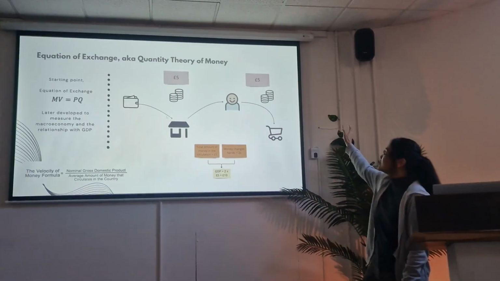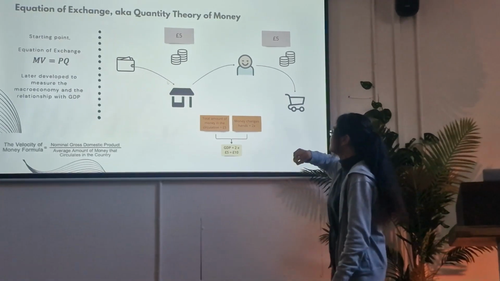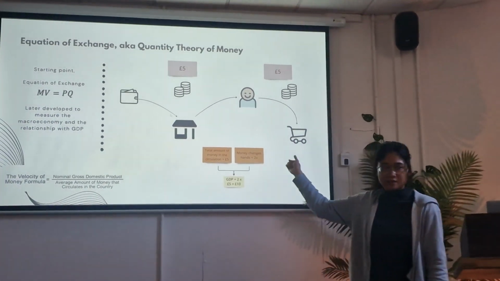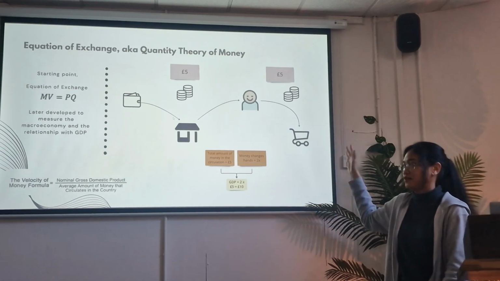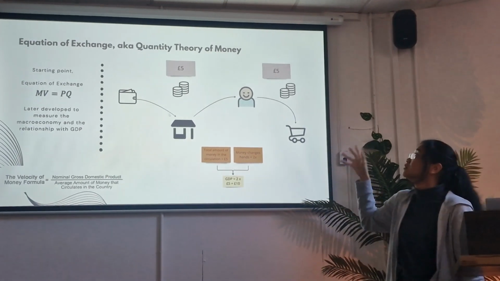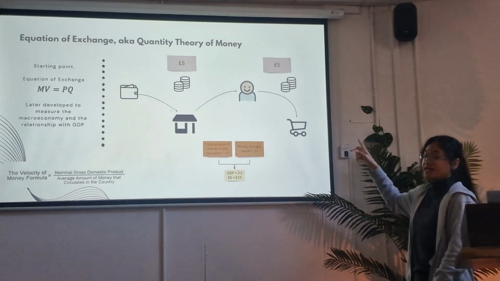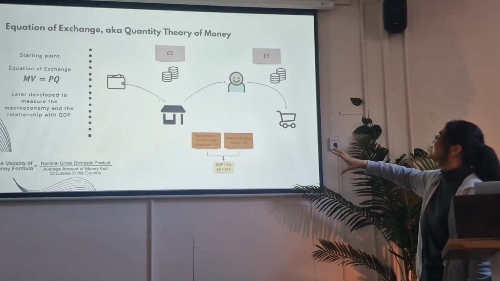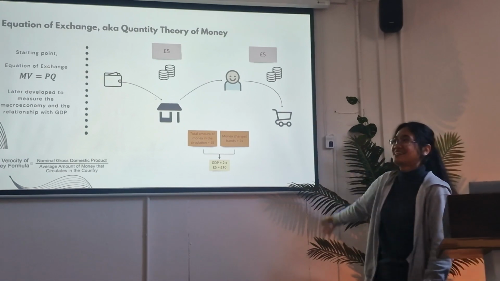So say somebody buys something like food or drink at the store for 5 quid, and then the store owner uses the 5 quid to buy something else, say checking out from Amazon.